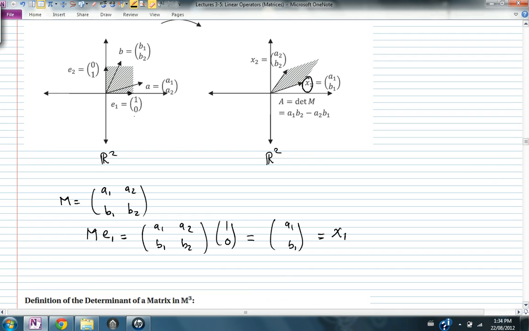When I multiply the matrix M by E2, similarly I get A2, B2, which is vector x2.